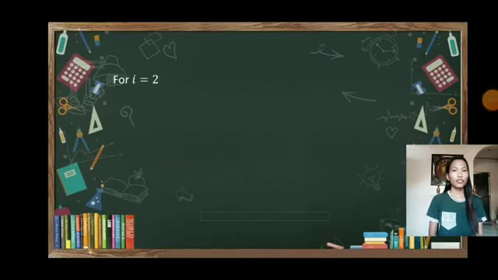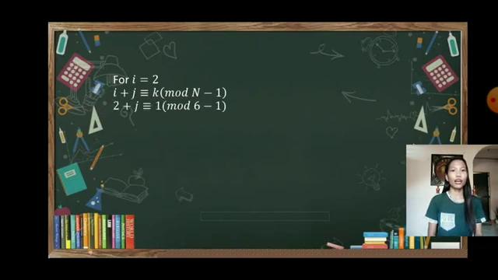So, for i = 2, we will use again the formula i + j ≡ k mod (n − 1). We substitute the value of i, so we have 2 + j ≡ 1 mod 6 − 1. We transpose the 2, so we have j ≡ 1 − 2 mod 5, since 6 − 1 is 5.